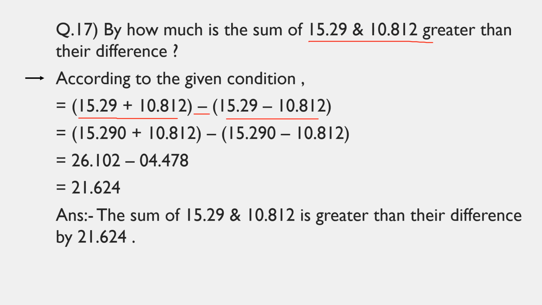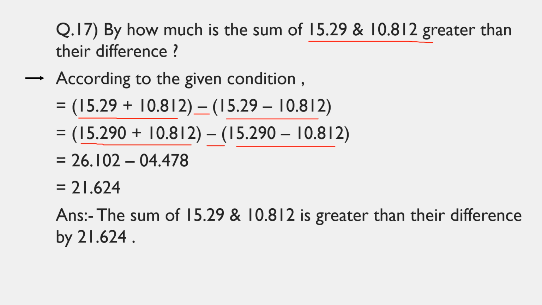Okay, now what will be our next step? We'll convert these decimals into like decimals, right? Because these are not all like decimals, so we'll convert them. So after converting, we'll be getting, see our next step, 15.290 plus 10.812, right? This is our first bracket, minus our second bracket, see, 15.290 minus 10.812. Then in our next step, we'll solve the brackets first.